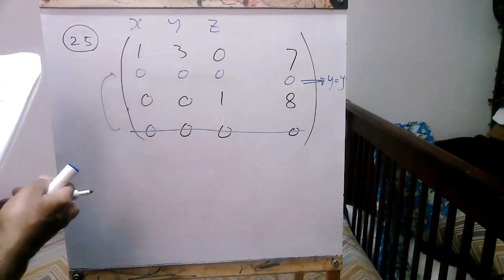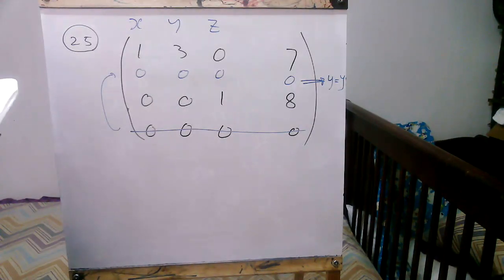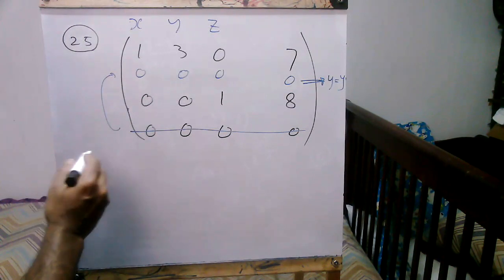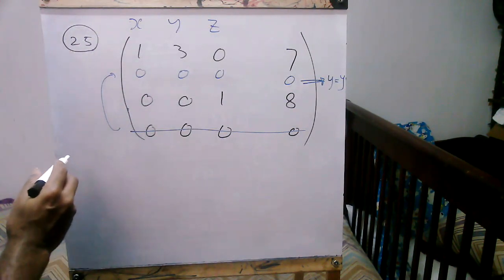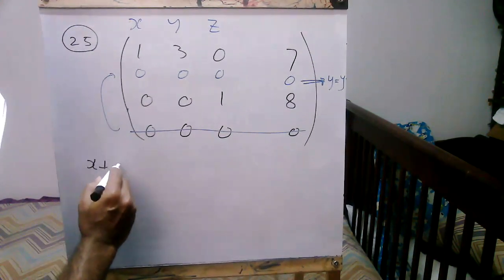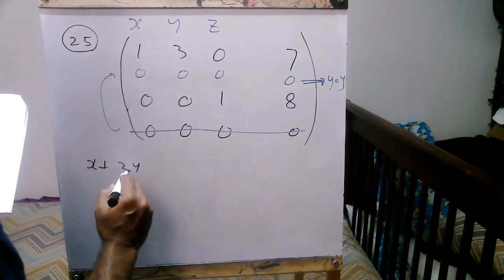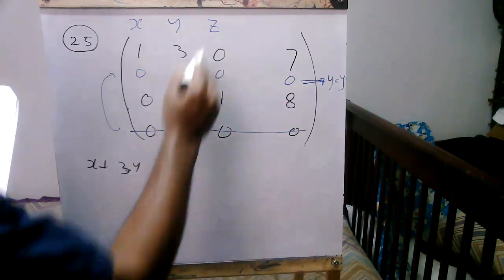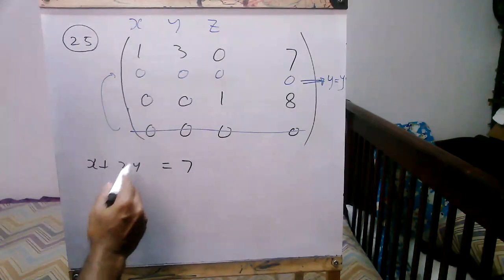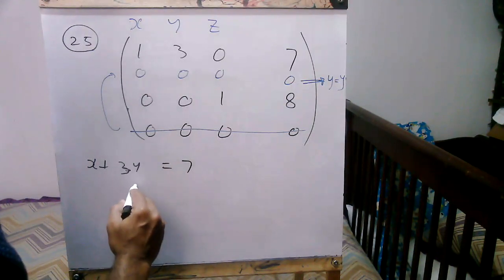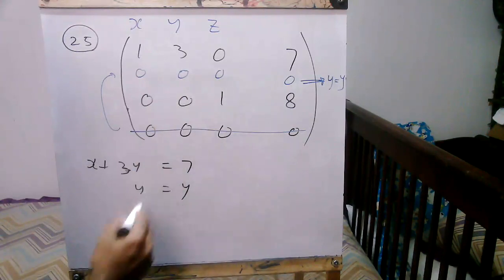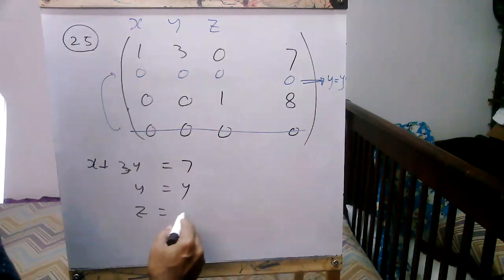With that, we can write equations for x, y, and z. x plus 3y plus 0z equal to 7. Here, we get y equal to y. This one, we get z equal to 8.